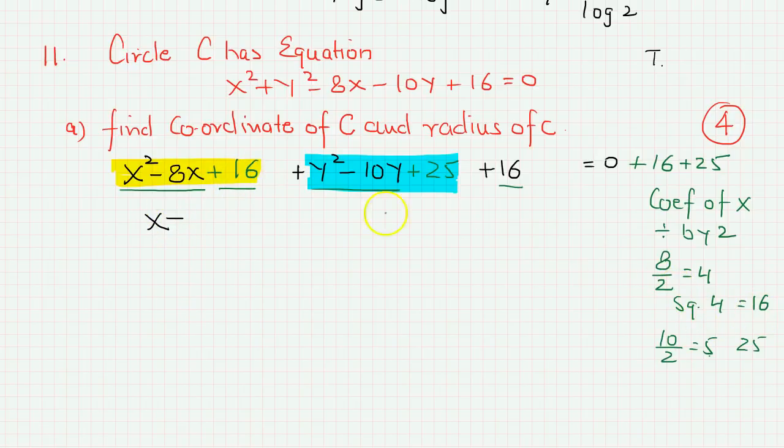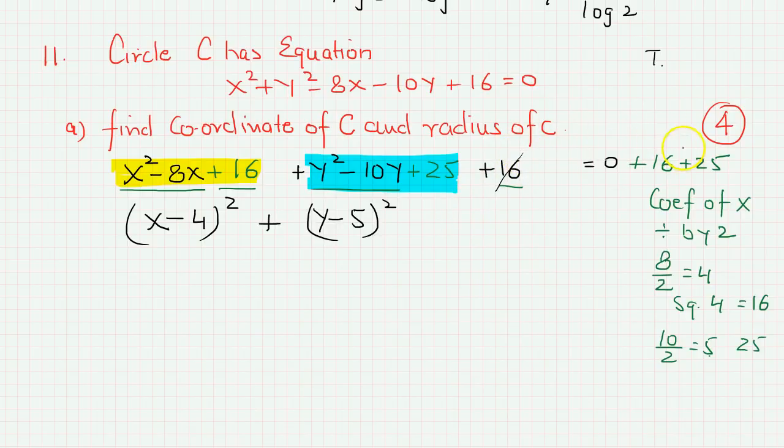We squared 4 to get 16, so this is a 4. So this is (x minus 4) square plus, this one is y square minus 10y plus 25, half of 10 is 5, 5 square, so this will become (y minus 5) square.